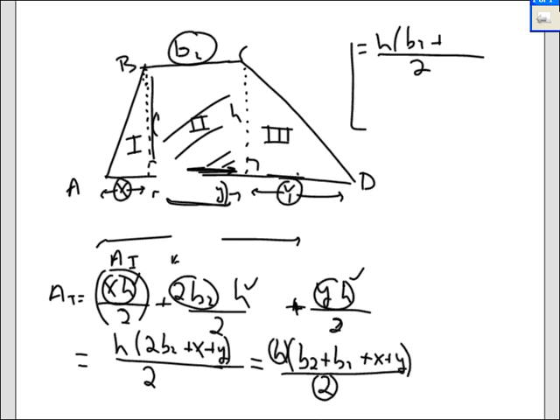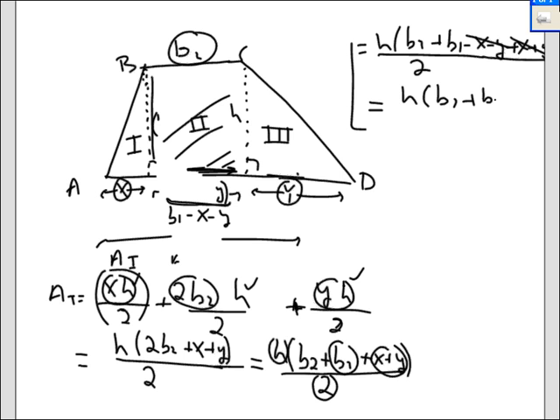B2 plus, now B2 is also B1 minus X minus Y. So the other B2, I'm going to write as B1 minus X minus Y, plus X plus Y. And these X plus Y's are all going to cancel. So I'm left with H times B2 plus B1 over 2.